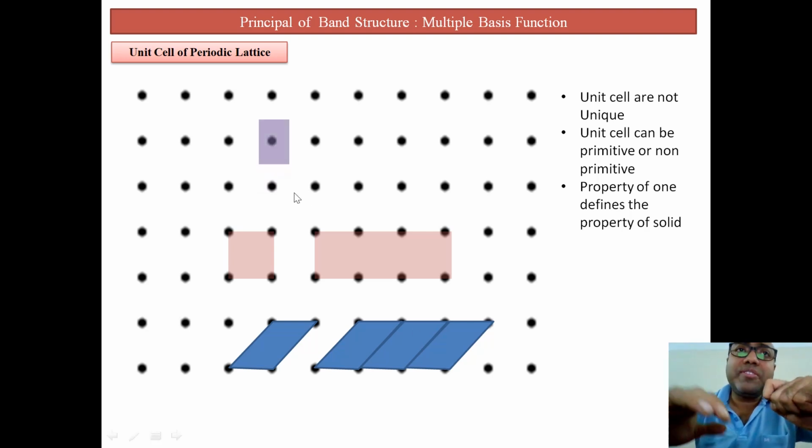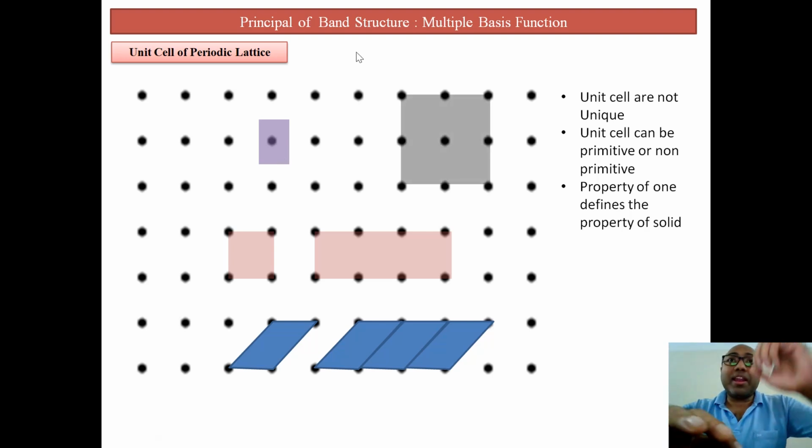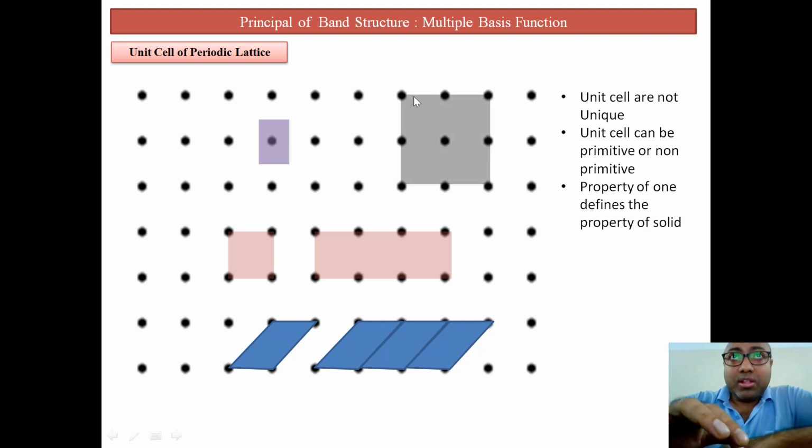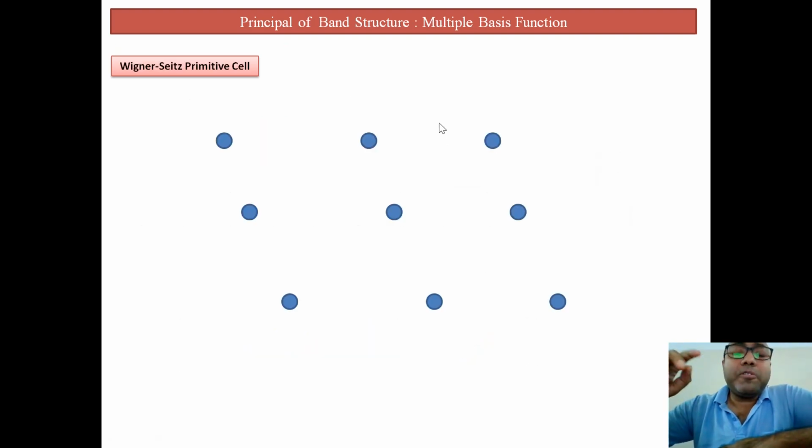And one trivial answer is one atom, one unit cell. That is also there, and this is another kind of thing. Here we have considered 4 as a unit cell, and you could consider 1, 2, 3, 4, 5, 6, 7, 9 as a unit cell, but it's not a great idea. Sometimes I saw that people also consider these. Okay. Now, how to find primitive cells?